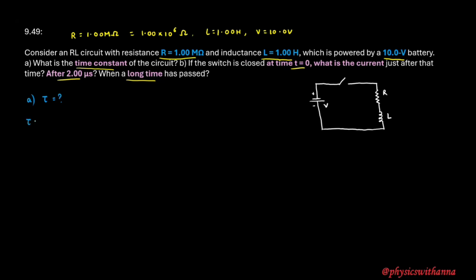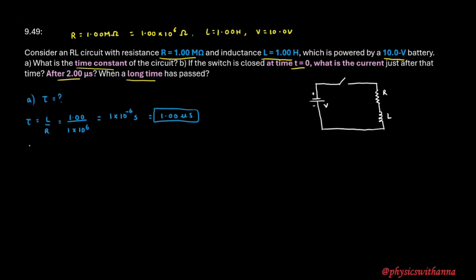Now time constant tau is given as L over R. So we can substitute L as 1, R is 1 times 10 to the power 6. That gives you the time constant as 1 times 10 to the power negative 6 seconds, or you can write this as 1 microsecond.